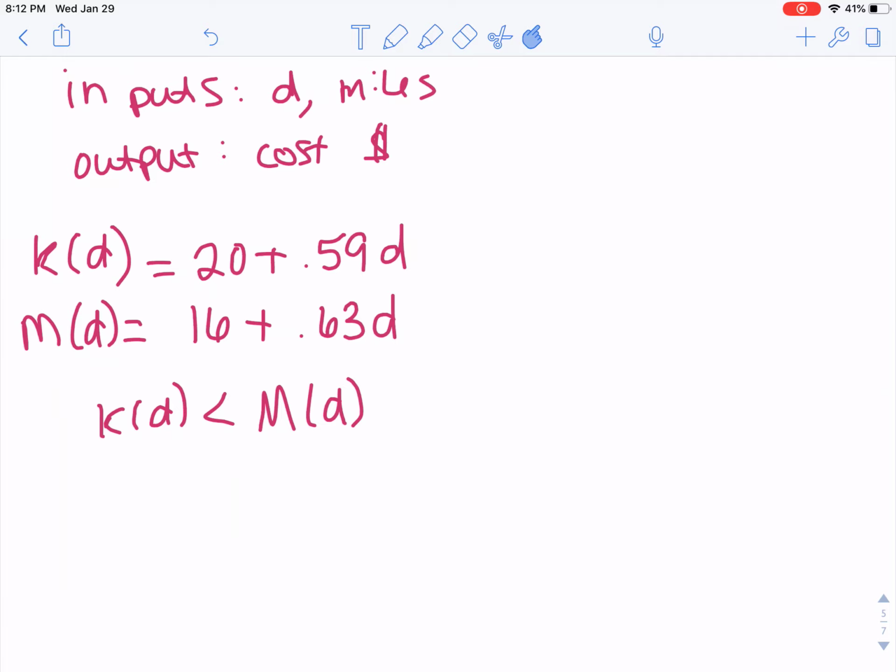Does that make any sense? So we're going to see when the break-even point is. When are the two equations going to be the same?